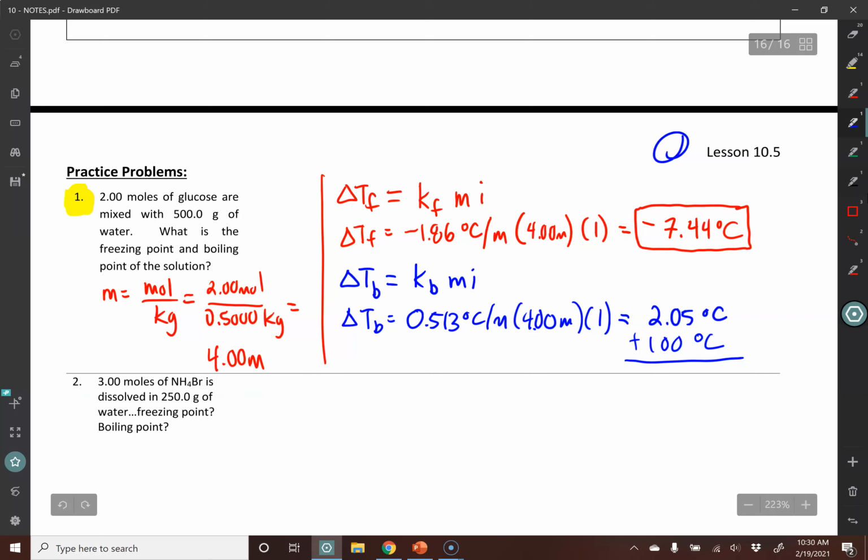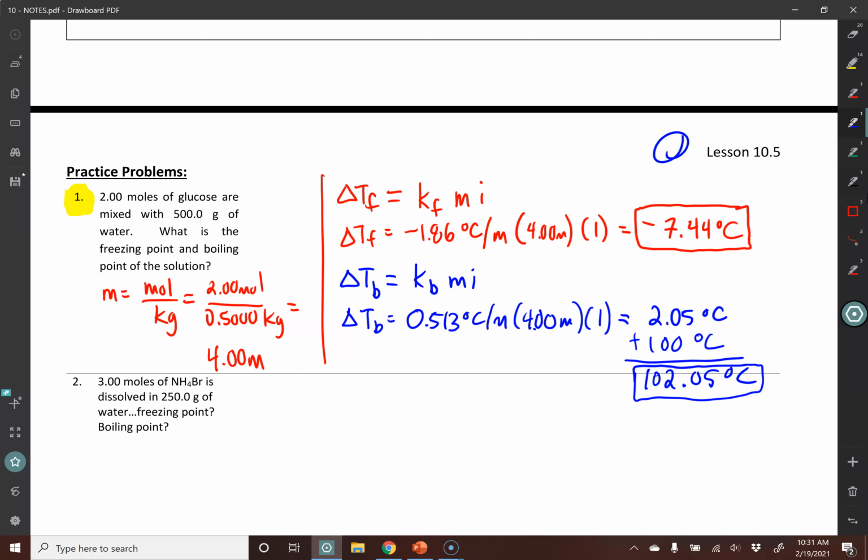So my new boiling point should be 102.05 degrees Celsius, not 2.05 degrees Celsius. I see that happen a lot. And when you think about it, of course, it doesn't make sense that the boiling point dropped by about 98 degrees Celsius. It makes a lot more sense that it increased by about 2 or so degrees Celsius. So don't fall into that trap.